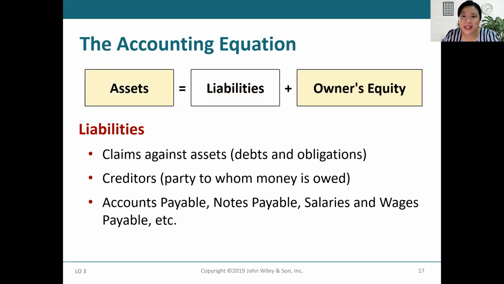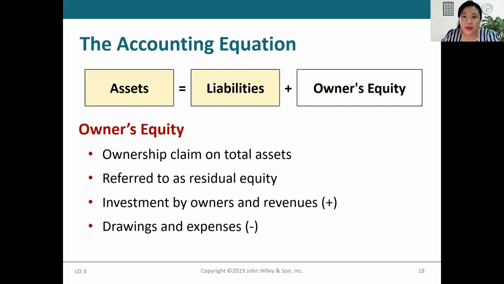And then we have owner's equity. Owner equity includes the investment by owner, revenue, drawing, and expenses. Now remember, investment by owner and revenue increase owner equity. Drawing and expenses decrease owner equity.